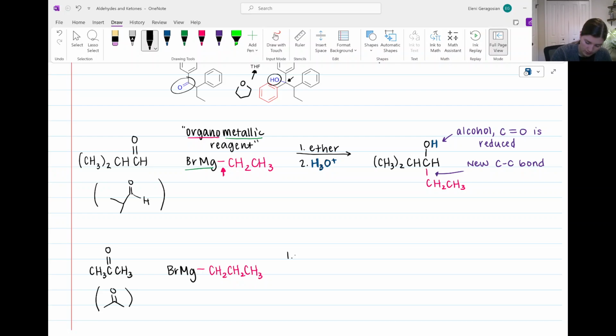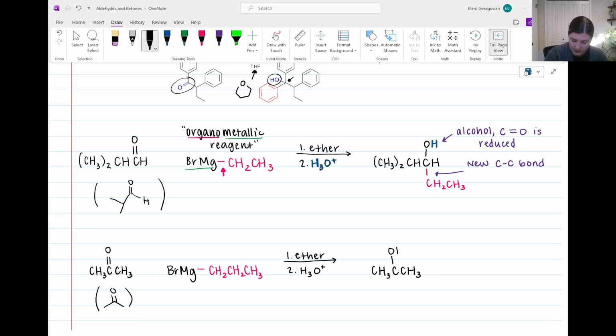We need some sort of ether in the first step with the organometallic reagent, and then an acid in the second step. And then our final product, we've got our carbonyl carbon still bonded to two CH3 groups.